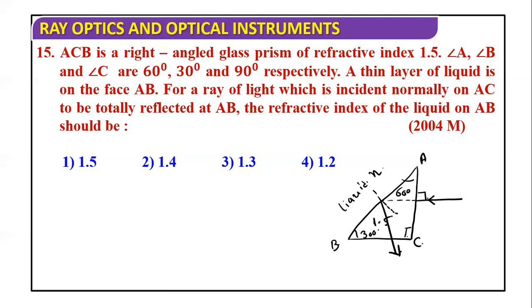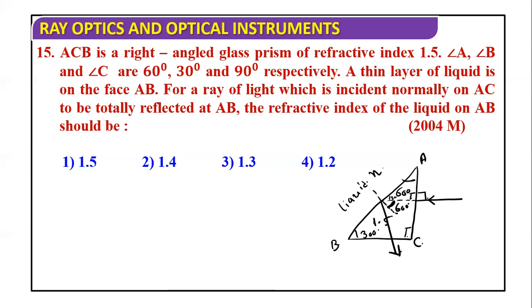So we have to find the exact value. For that, the angle of incidence on surface AB must be greater than or equal to the critical angle. First, let us find the angle of incidence. If this angle is 60, this angle is 90. Angle of incidence for surface AB will be 60 degree.